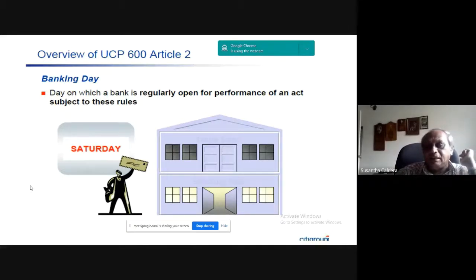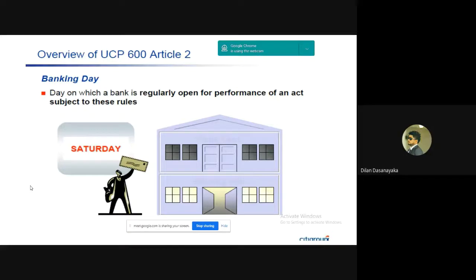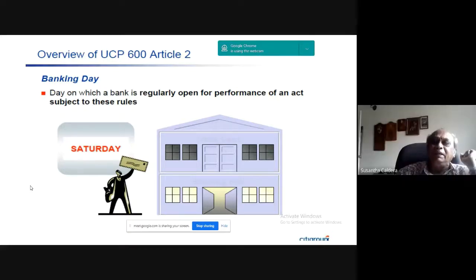Right? For Sampath Bank, are we taking Saturday as a banking day or not? I'm talking about trade finance. No, because Sampath Bank trade finance is not working on Saturday. They are closed, but their super branches are open. That's a different thing.